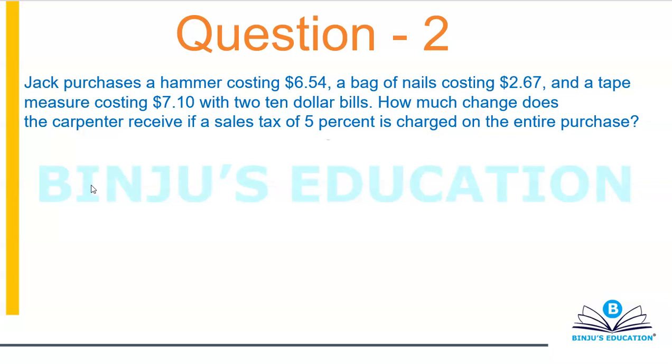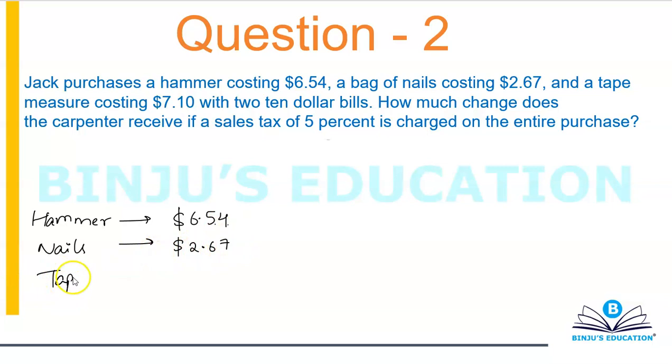Alright. So he purchased a hammer for $6.54, a bag of nails for 2.67, and a tape for $7.10.